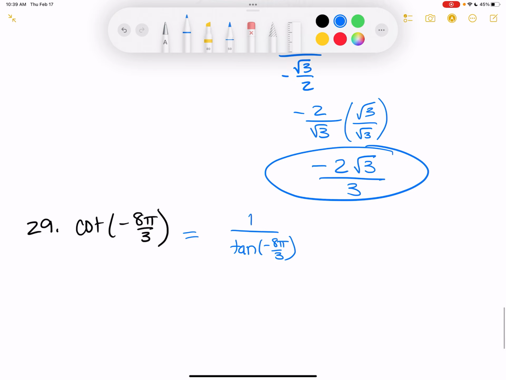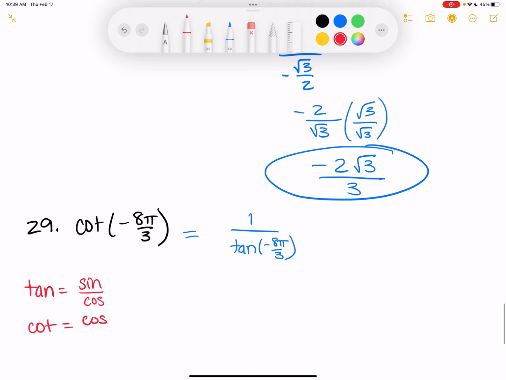Another thing that I'm pretty sure you would have at least had in your notes is that tangent is equal to sine over cosine, which is y over x. Cotangent is the reverse of that. It's cosine over sine. So I could think about this one also as the cosine of negative 8 pi over 3 over the sine of negative 8 pi over 3.